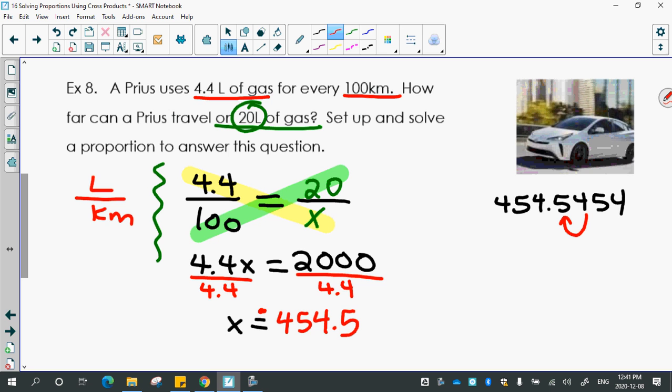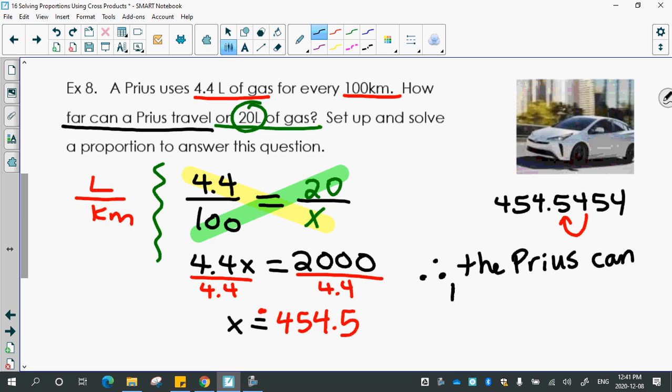But it's a word problem, so I need to answer the question they ask. How far can a Prius travel? So therefore, the Prius can travel 454.5, and if I'm not sure of the units, I've set up this nice little liters over kilometers.